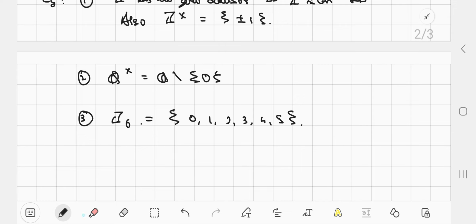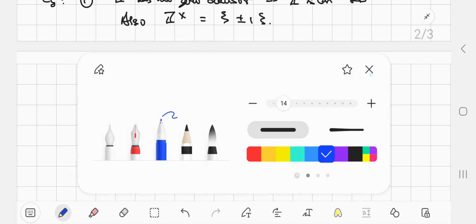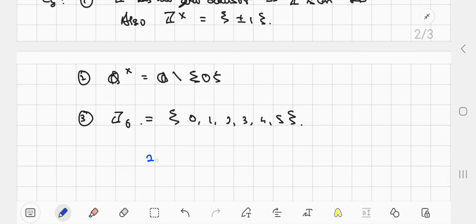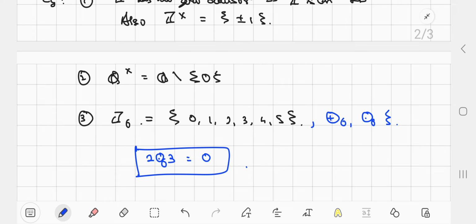So if I consider the elements 2 and 3, what is 2 times 3 modulo 6? This is a ring with addition modulo 6 and multiplication modulo 6. So it's 0, right? But 2 and 3 are both non-zero. Therefore, 2 constitutes a zero divisor. So 2 is a zero divisor. 3 is also immediately a zero divisor.